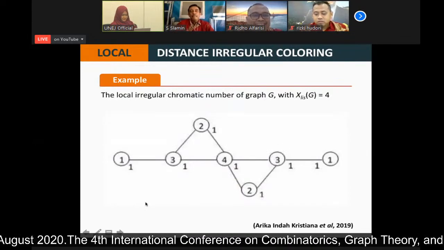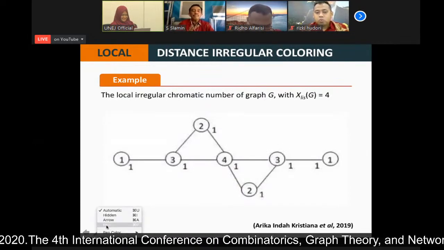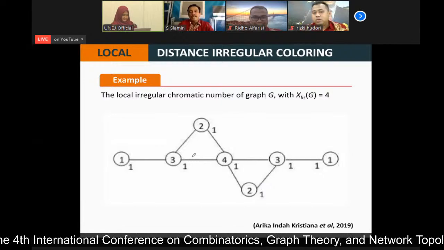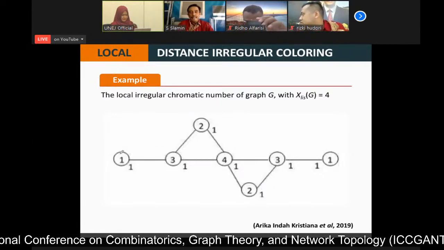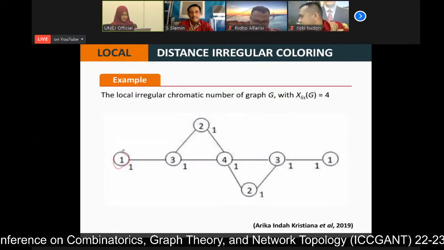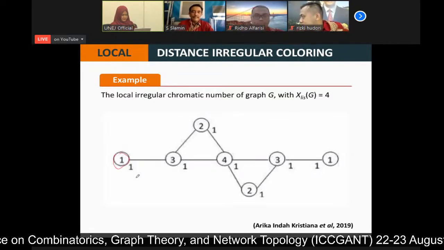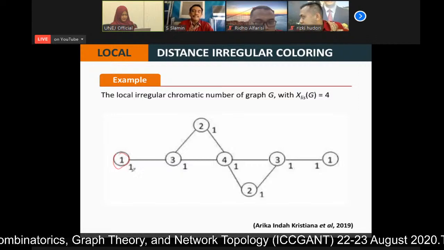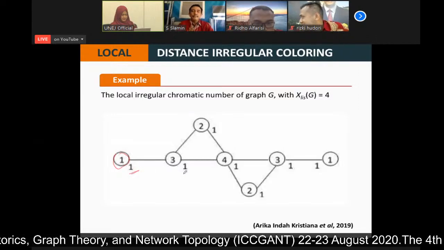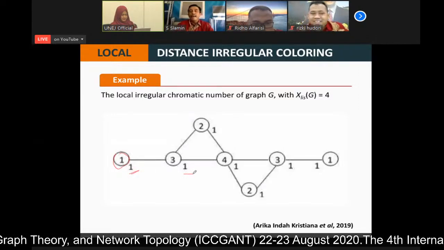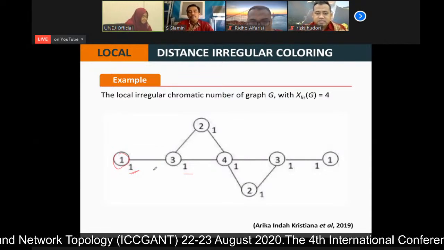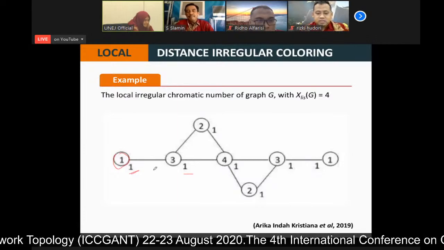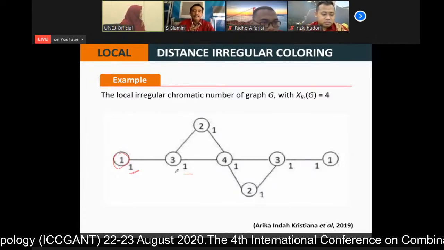And this is the example. The number inside the circle is the weight, and this is the label. So we label all by one. And you can see that the weights of two adjacent vertices are distinct.